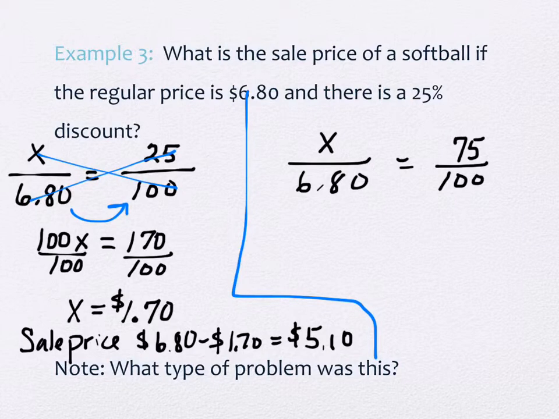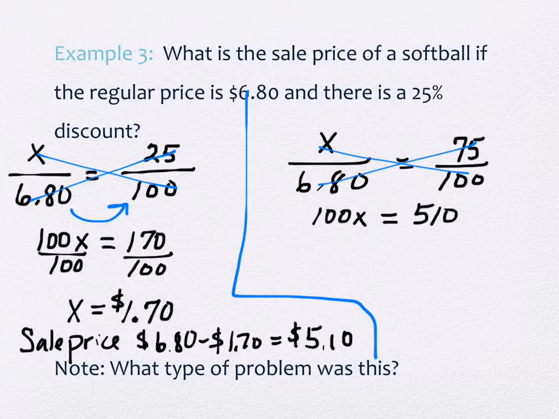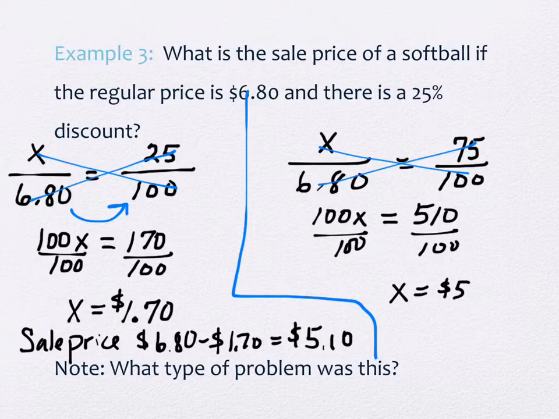So if we take the initiative at the beginning, we can make that determination before we ever get started, then we don't have to worry about remembering it at the end. So we still have the 100x. This time, though, we don't get 170. What do we get? 510. And then when we divide by our 100, we already get the actual sale price, which is $5.10.